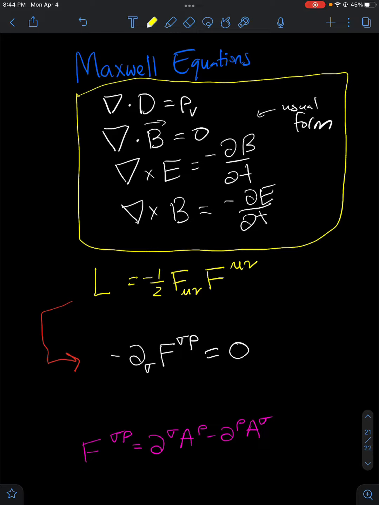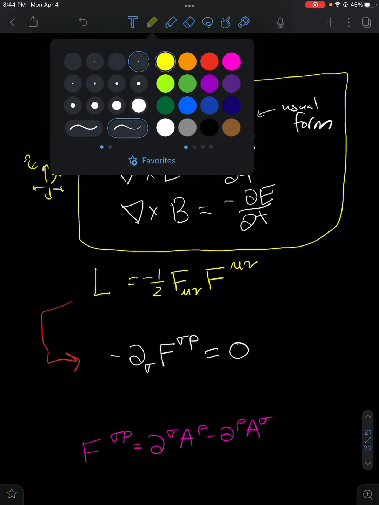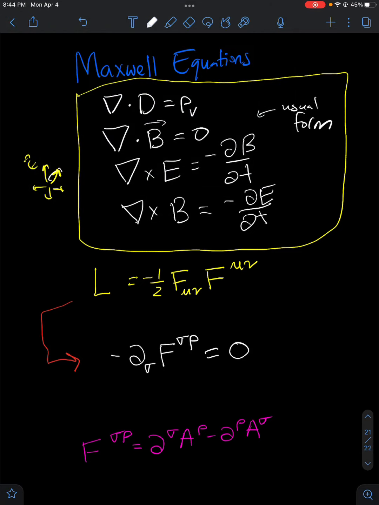And the Maxwell equations just tell us that if we have some initial configuration of the electric field, what will the magnetic field look like? And they also tell us how these electric and magnetic fields dance together and how they change over time.